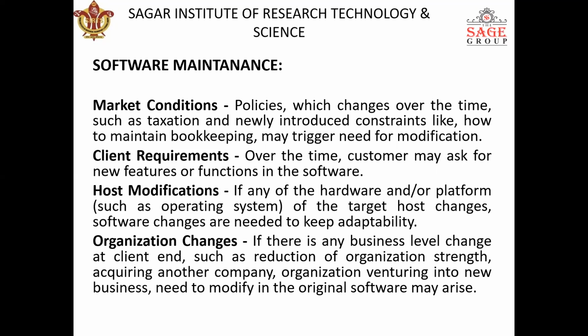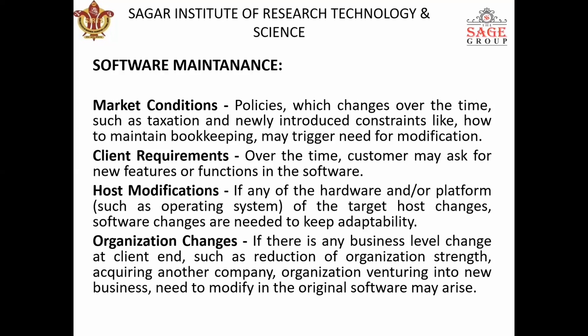So these are four factors on the basis of which software maintenance takes place. First, if we talk about market conditions, so policy which changes over the time, such as taxation and newly introduced constraints like how to maintain bookkeeping, may trigger the need for modification, that comes under market condition.